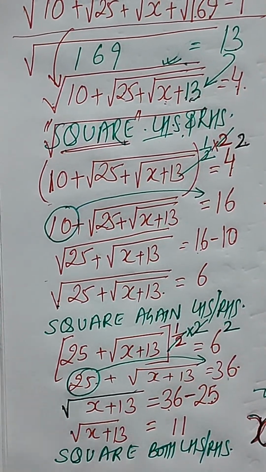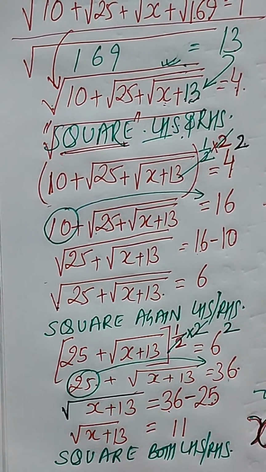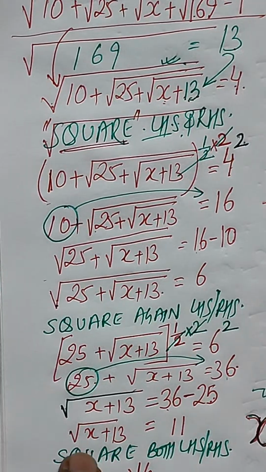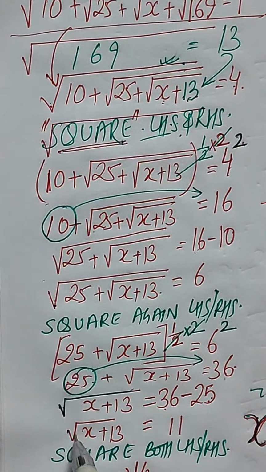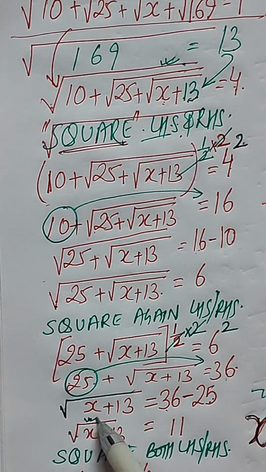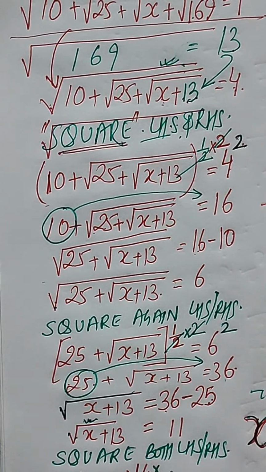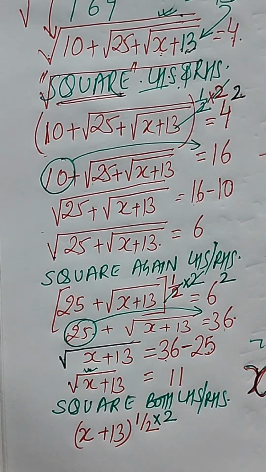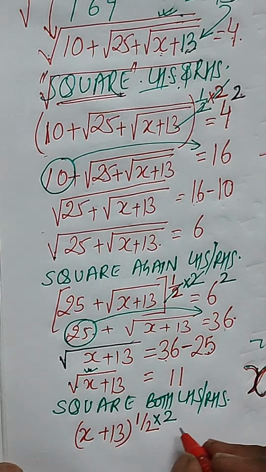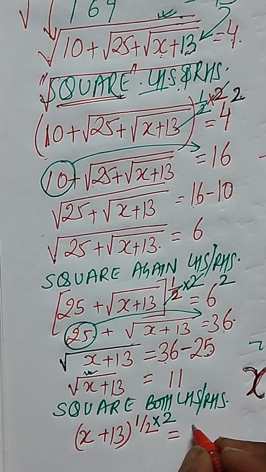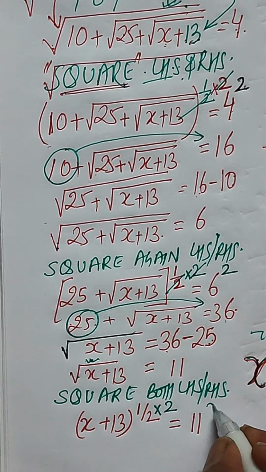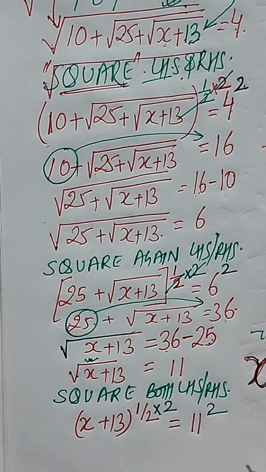Anyway, this will give you x plus 13 power 1 by 2. This power 1 by 2 is for this root only, right? And since we are squaring, this 2 will be multiplying into the exponent, and this will give you 11 on the RHS, and since we have taken a square, the square will be on the RHS also.